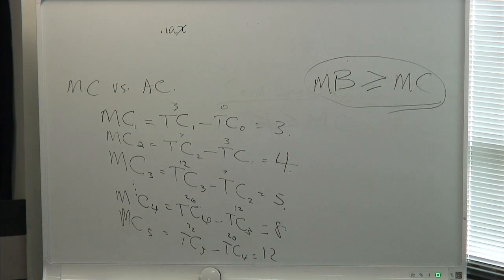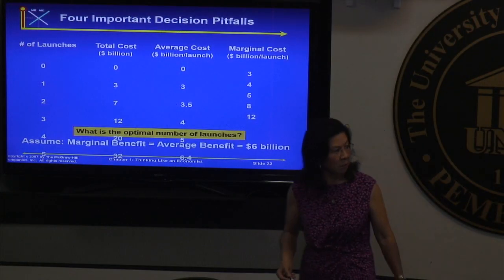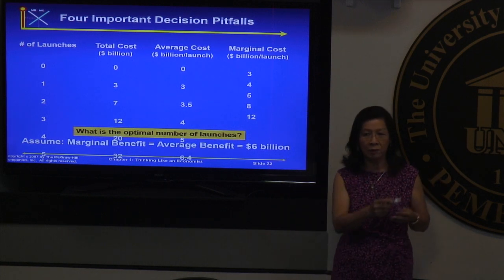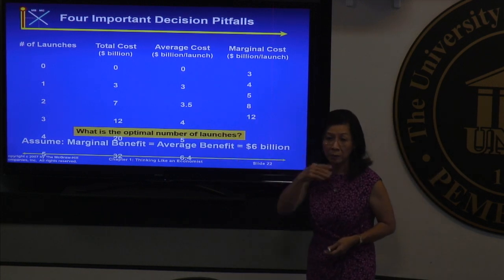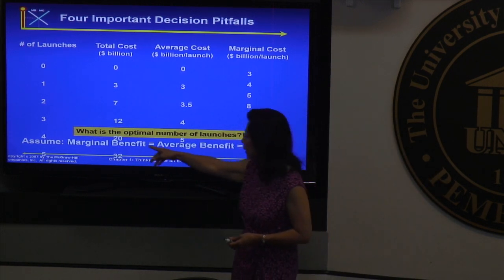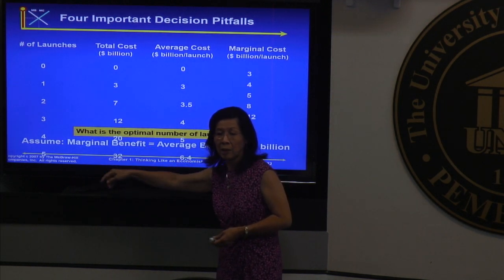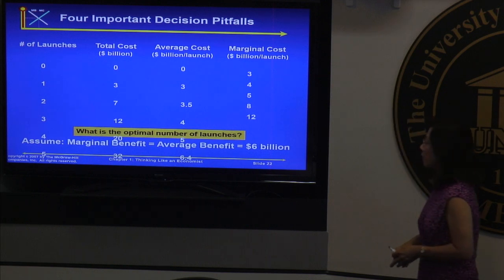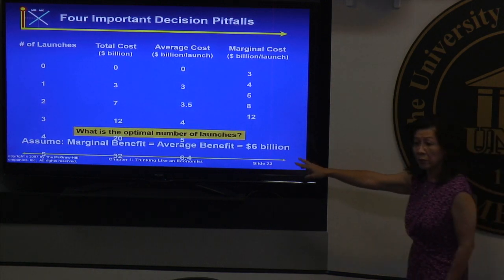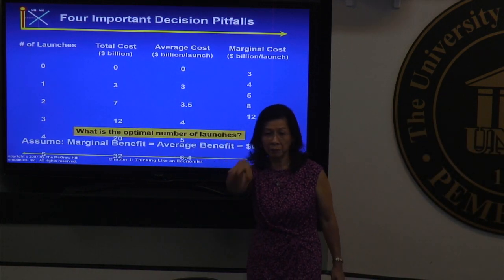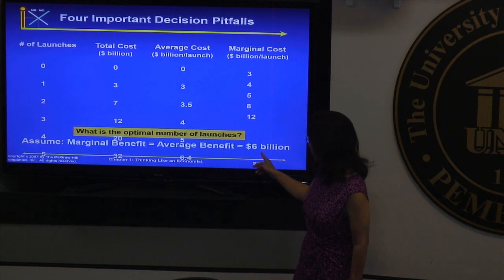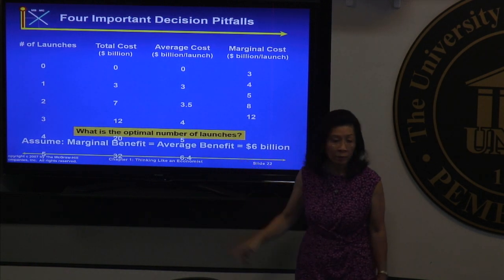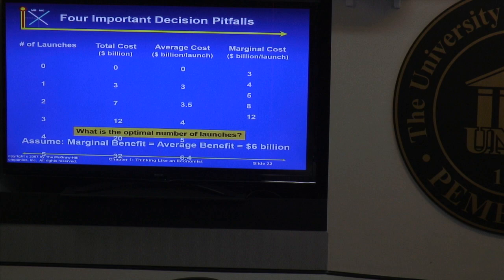Okay, you say, well, we need something more. Yeah, we have marginal cost in that last column, but we need marginal benefit. So we're giving this assumption to you. This is a giveaway. Marginal benefit, we're assuming, is equal to your average benefit, which we calculated two slides beforehand to be 6 billion. So this is 6 billion.